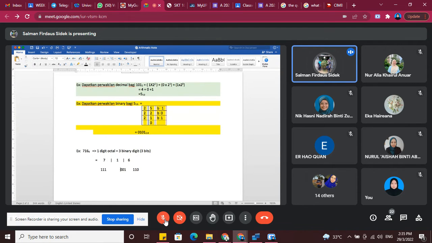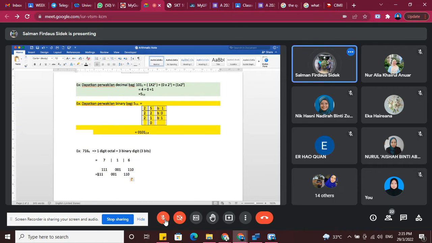Macam tu. So this is the way how we convert octal to binary. So don't forget to write base 2 at the end of the sequence lah. Okay. Tengok cara saya menjawab soalan ya.